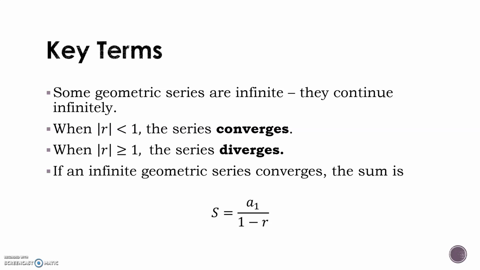If the absolute value of the ratio is less than 1, then that means that the series converges, and we think about converge as two things that are getting closer and closer and approaching one another. Versus if the common ratio is equal to 1 or greater, then the series are going to diverge, and that means they're going to go maybe like this, in opposite directions of each other.